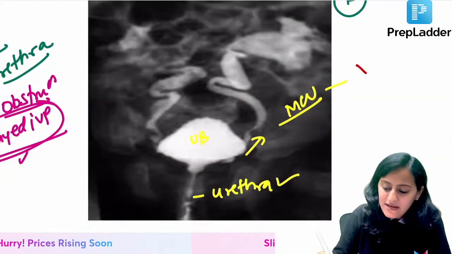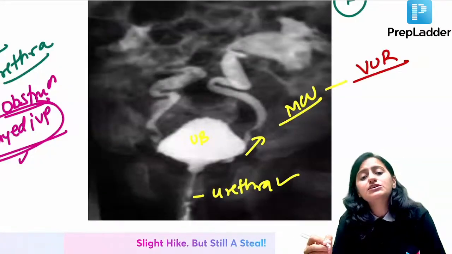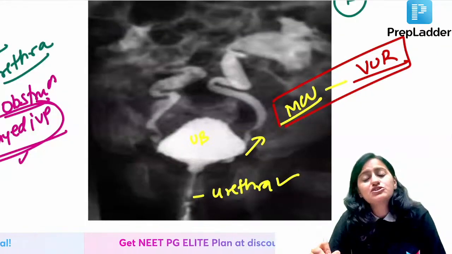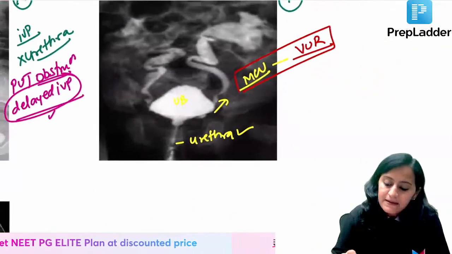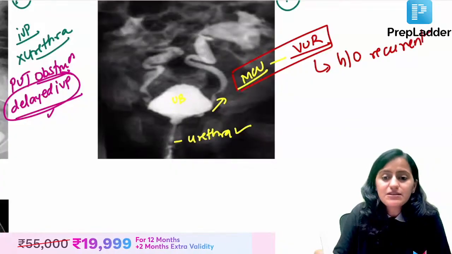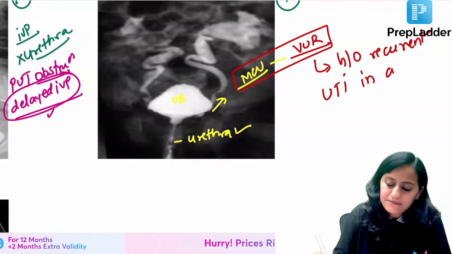So what is the diagnosis here? It is VUR. Vesico-ureteric reflux, which investigation will you do? You will do MCU. And what is generally the history given in VUR? It is recurrent UTI in a child.